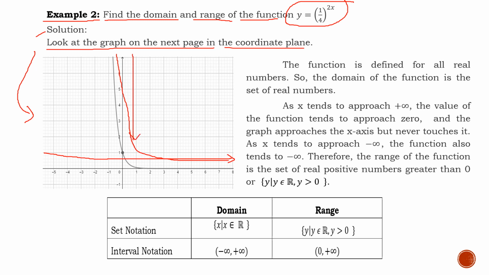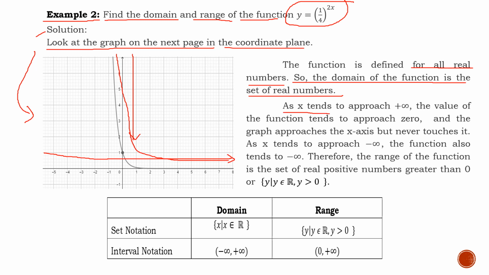Meaning to say that this graph represents a decreasing function. So the function is defined for all real numbers. So the domain of the function is the set of real numbers. Yes, it is always the set of all real numbers once you are dealing with an exponential function.